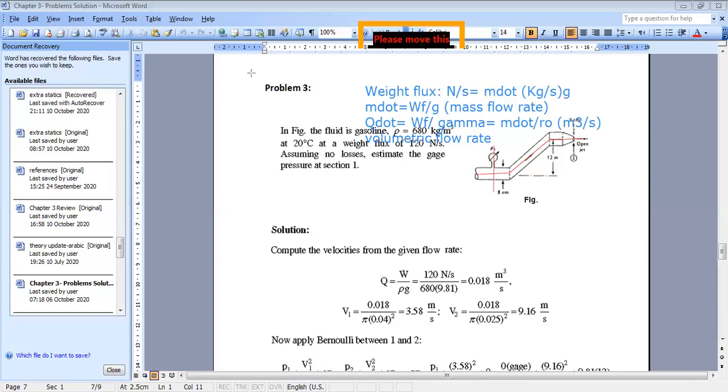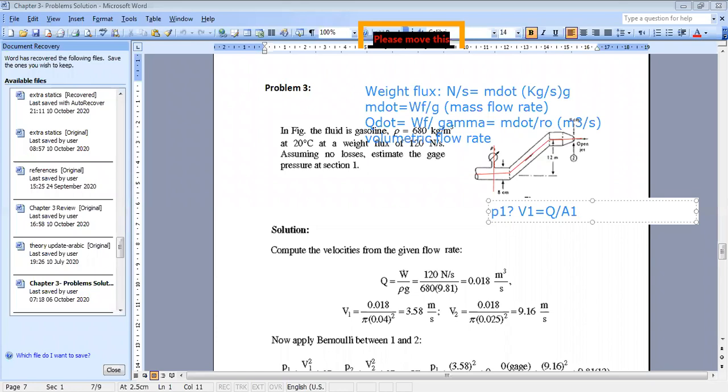So P1 is not known, okay? And I want to find V1. To find V1, I can correlate with the volumetric flow rate because they gave me the weight flux. And from the weight flux, I calculated the volumetric flow rate, which is in meter cube per second. So I can get V1, because V1 is equal to the volumetric flow rate over A1, the cross-sectional area.